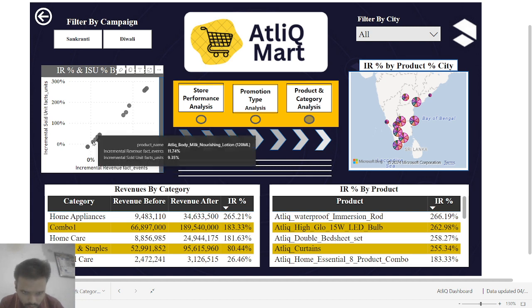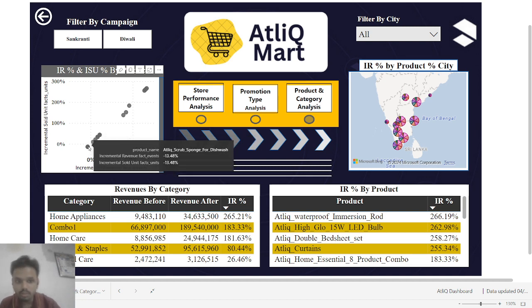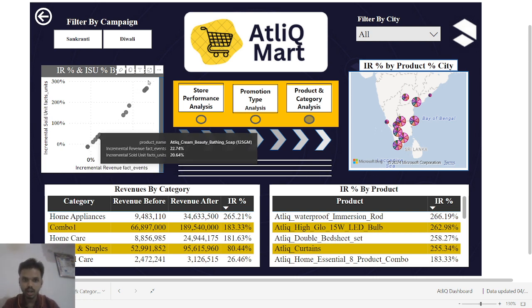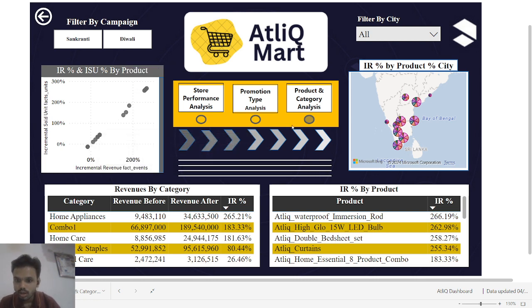So there is only one product which has low revenue and low quantity sold after the campaign started. So that's all. Now move forward to the data analysis part.